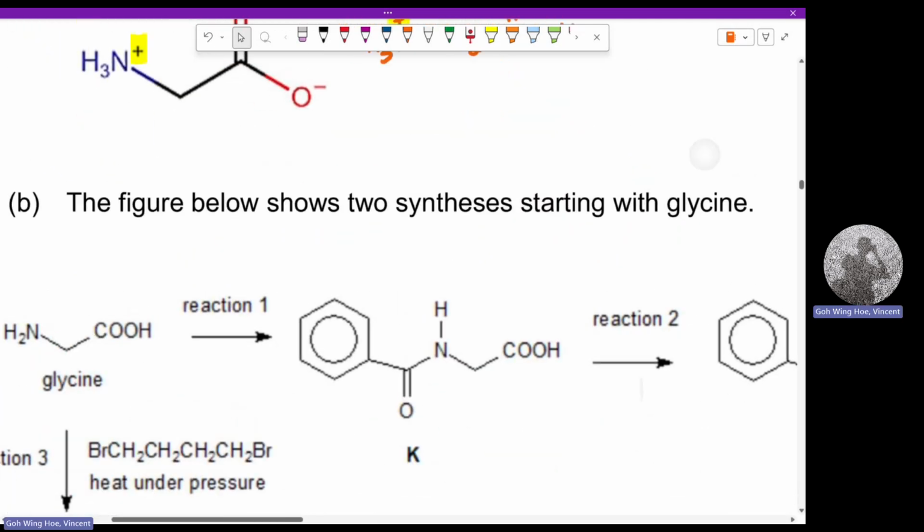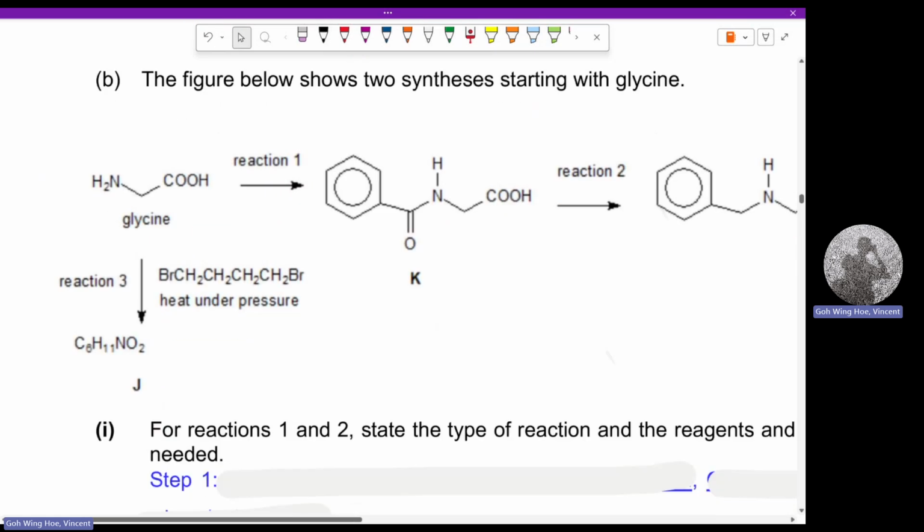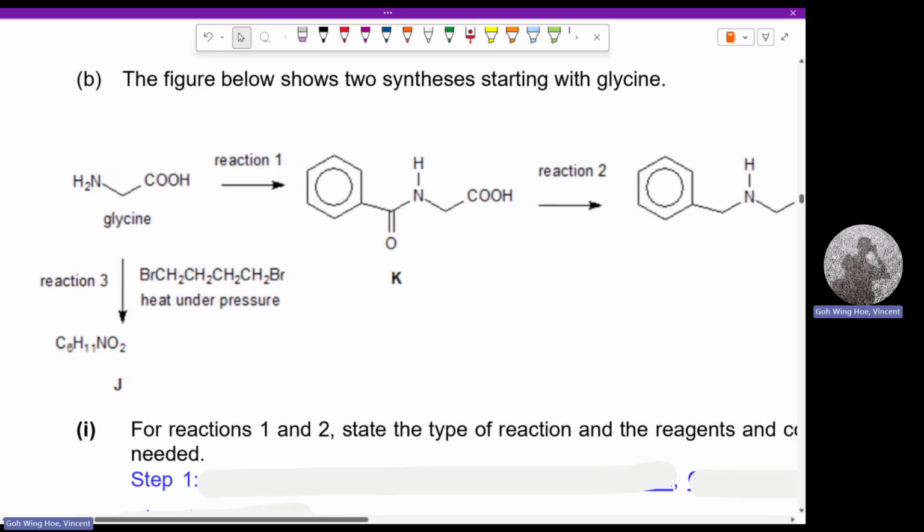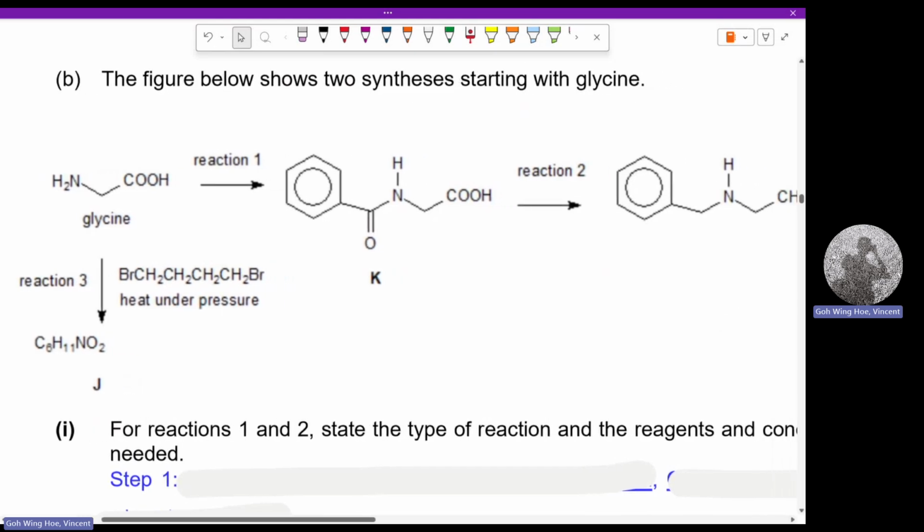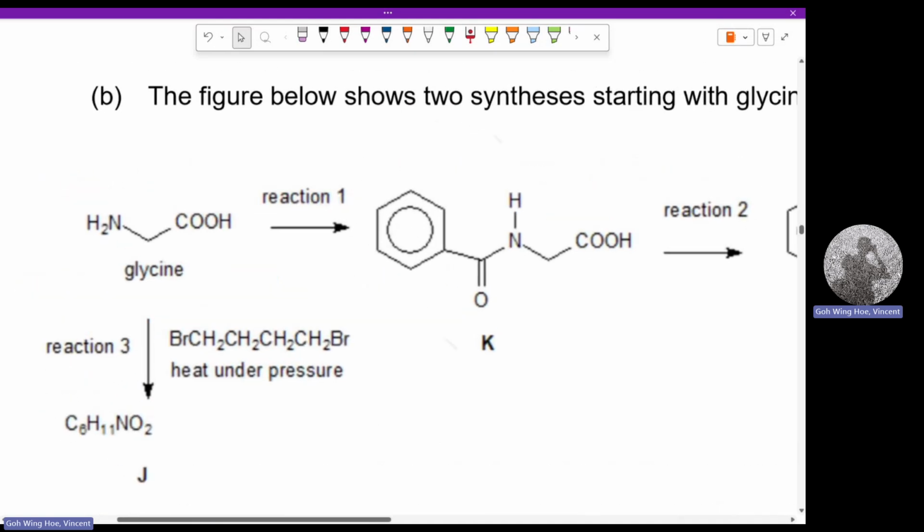Next, in part B, you are asked for the type of reaction that occurred in reaction 1 and 2, as well as the reagents and conditions required for the changes that took place. So let's look at step number 1.